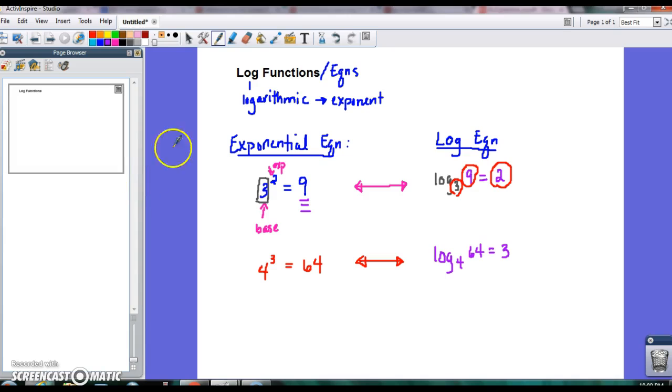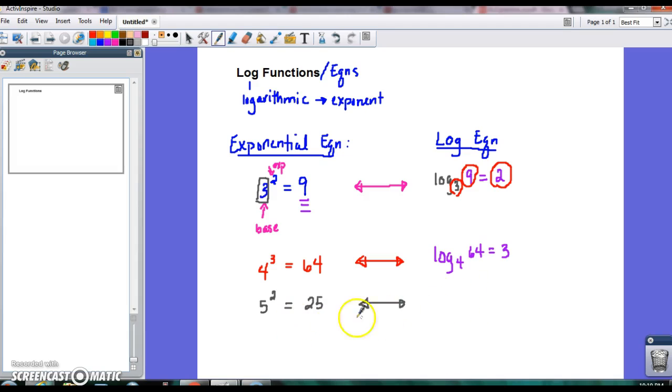Let's try another one. 5 squared is 25. If I write that as a log equation, if you want to try it yourself, pause the video for a second and see if you can figure it out.